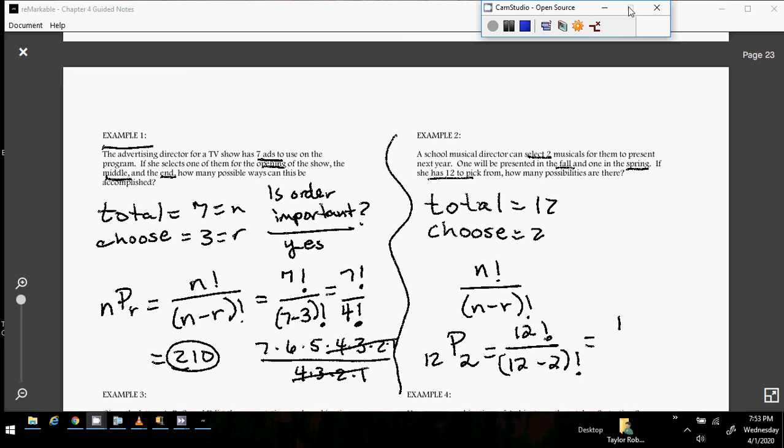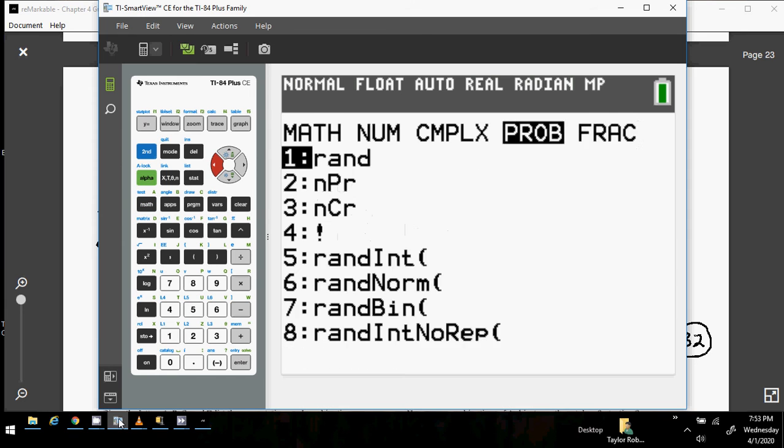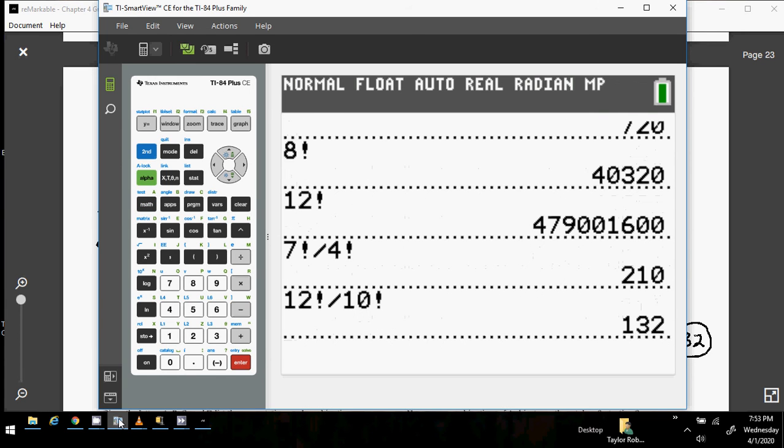So this will be 12 factorial over 10 factorial. If you do it the algebra way, then 10, 9, 8, 7, 6, 5, 4, 3, 2, 1 cancels out. And you're left with 12 times 11, which is 132. If you don't want to do it that way, you can do 12, math, left, 4, divided by 10, math, left, 4, and then you get 132. Okay, so it works either way.